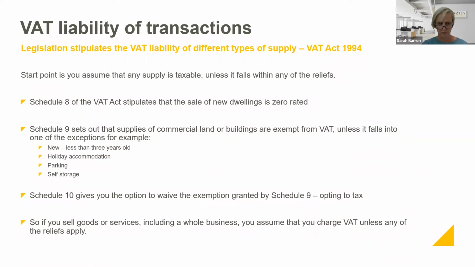So if you sell bare land or a commercial building, that will fall within the exceptions in Schedule 9 of the VAT Act, and that will be exempt from VAT. There are some exceptions in there, but we're not going to focus on those this morning. So a supply of land or commercial property, we'll assume that it's exempt from VAT.